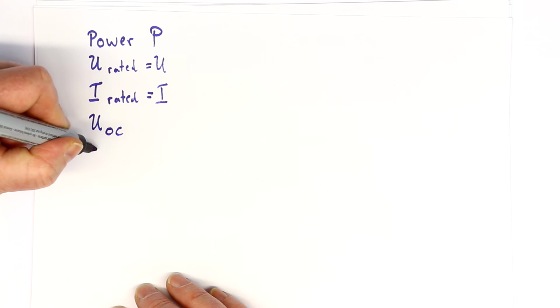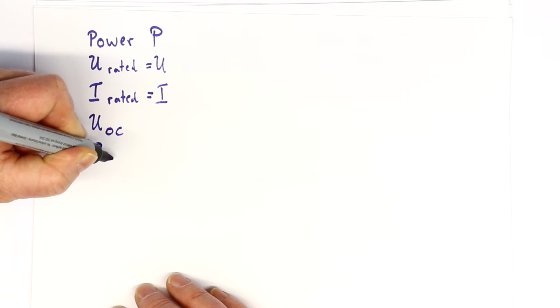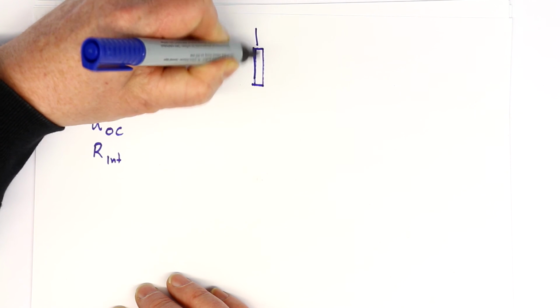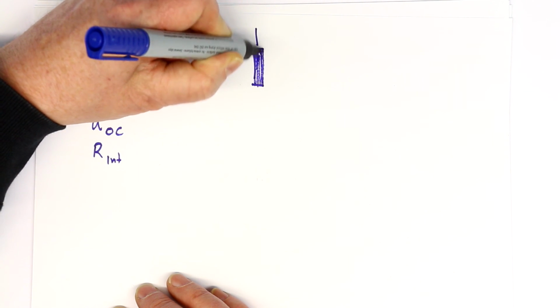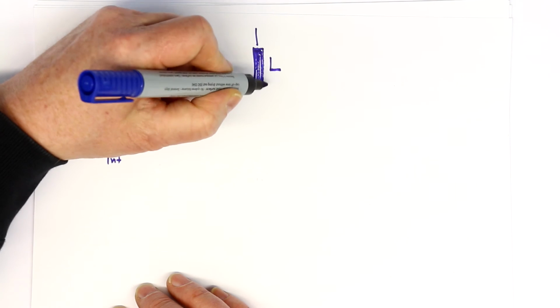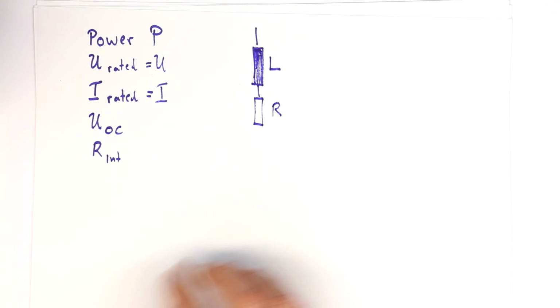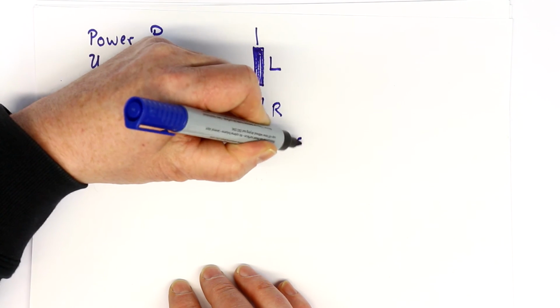And then we still have the internal resistance R. And why is that? Well, if we only take one side of a transformer, of course we have the inductance here, but in series with the inductance is the internal resistance R.